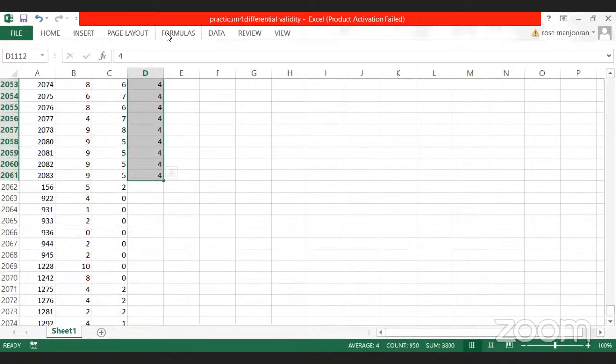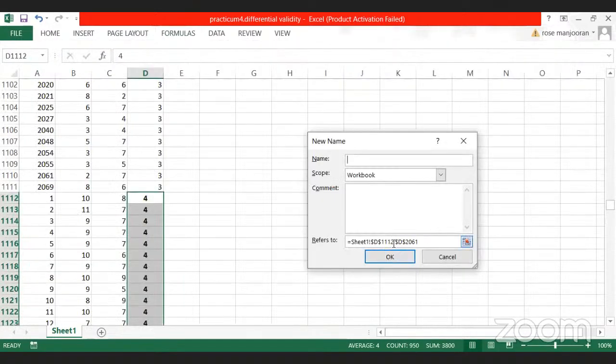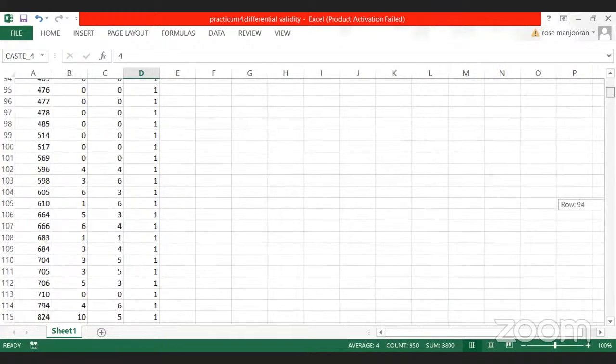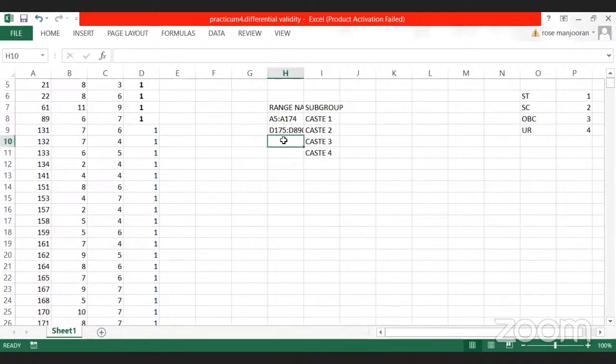Okay. Then you can see the range here. You're writing caste. Okay. So for caste 3, we haven't written it here. For caste 3, the range will be D891 to D1111.